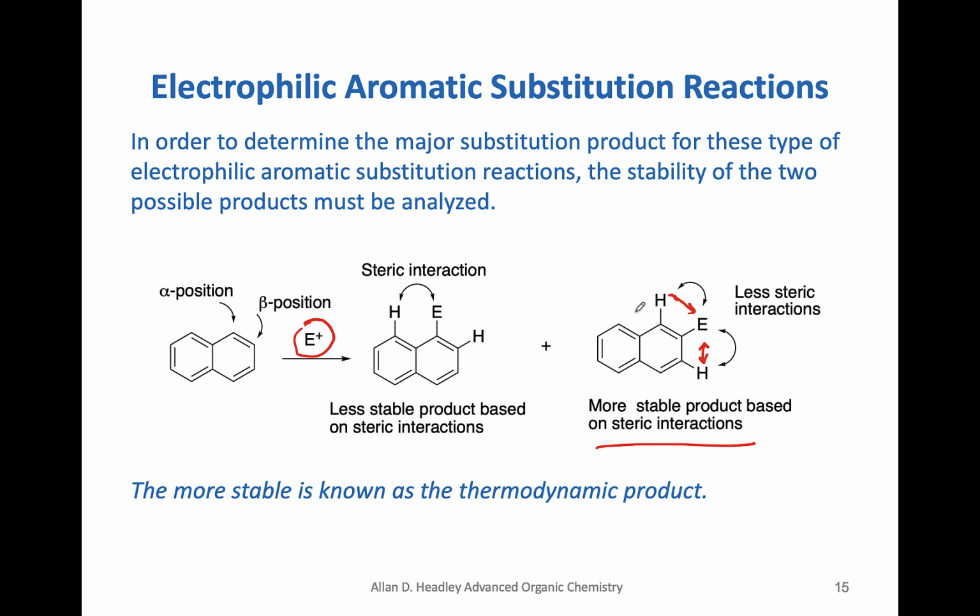So there's space so that the electrons from these groups do not interact or get too close to each other, because electrons are negative and negatives don't want to get close to each other. They tend to repel. On the other hand, this electrophile here is close to this hydrogen. So therefore there is steric interaction here, making this alpha substitution less stable than the beta substitution.